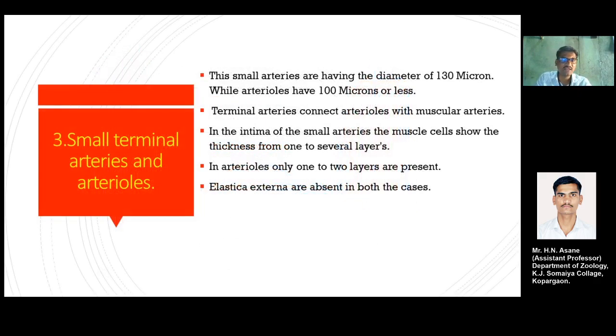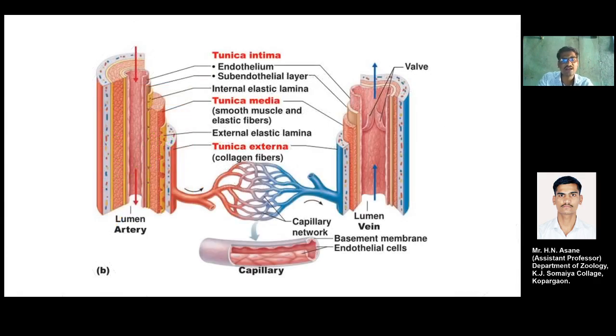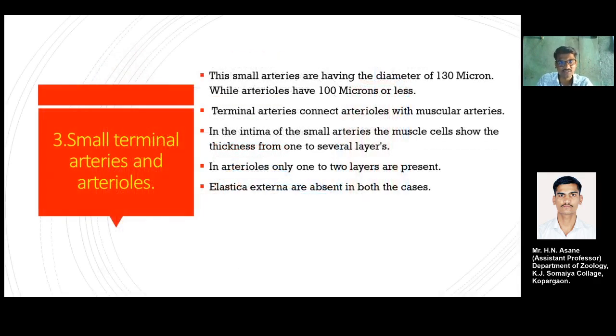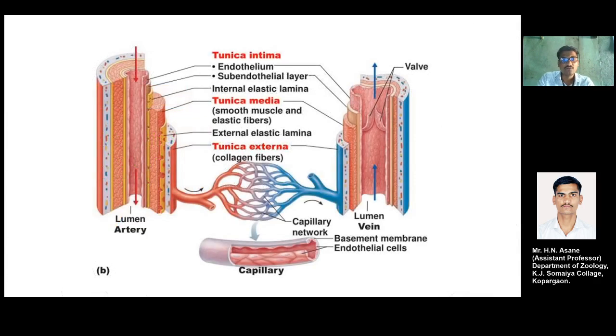And as I said, the small terminal arteries and the arterioles lack the muscular layers, and at the center, at the capillary network, they lack their muscular coats. So the basement membrane and the endothelial cells, these two layers, are present in the capillary or the arterioles. Okay. So we will stop here and meet in the next session for the veins.